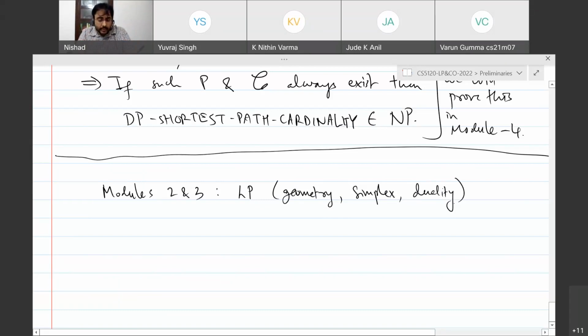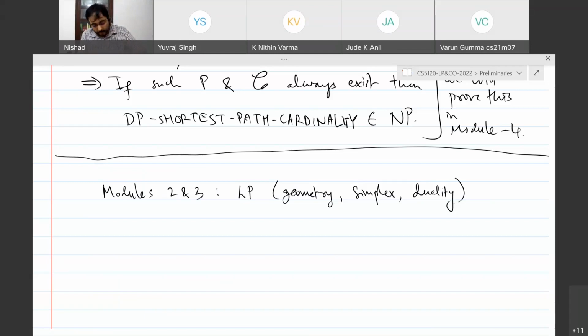So what we want to do is look at the relaxations, which turn out to be easier to solve actually, although that may seem counterintuitive if you are seeing it for the first time.